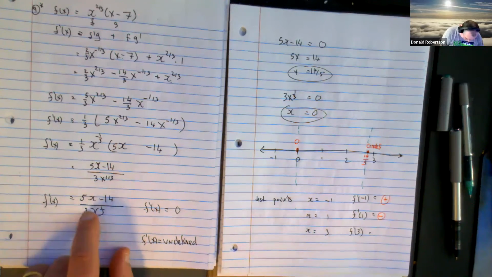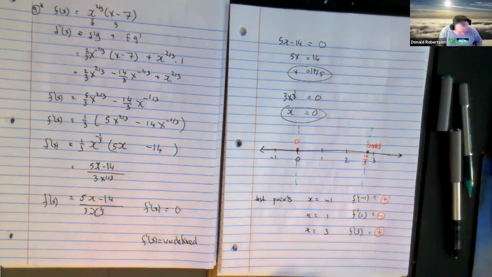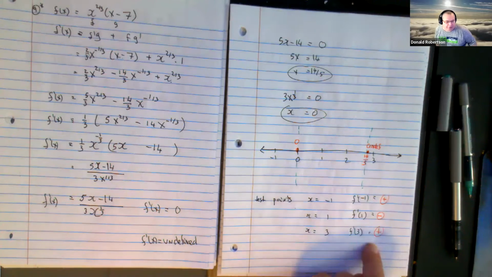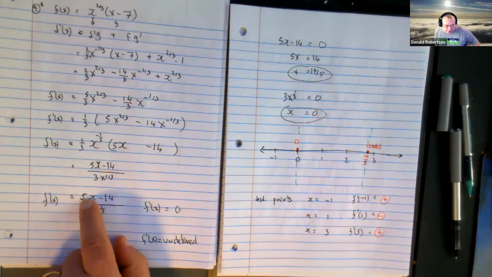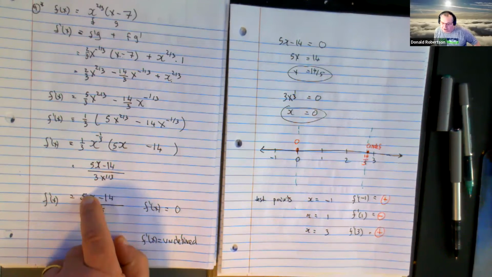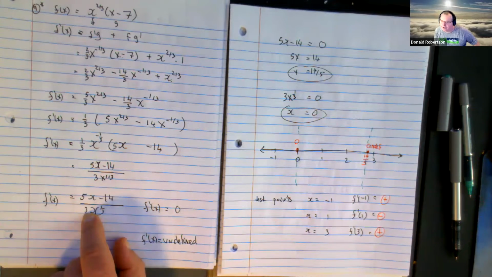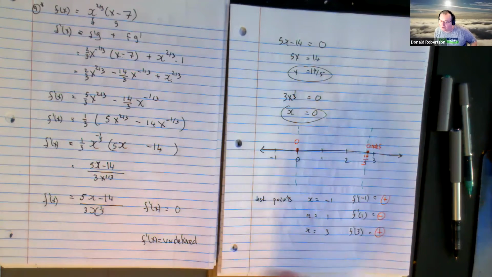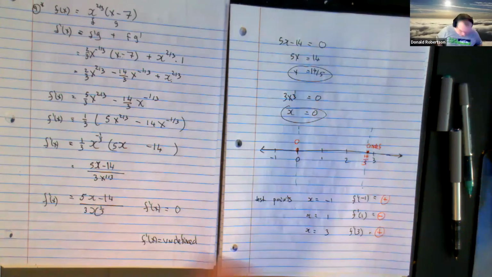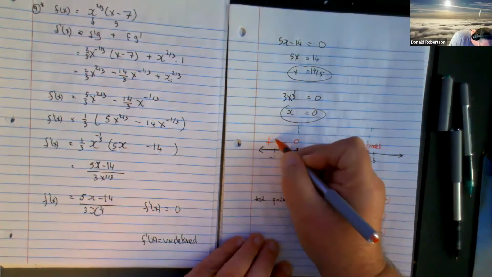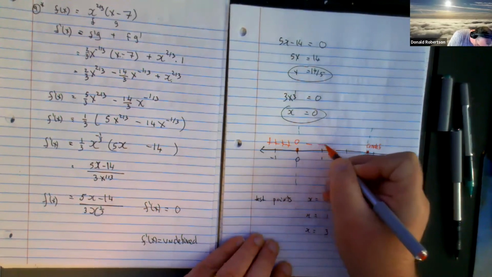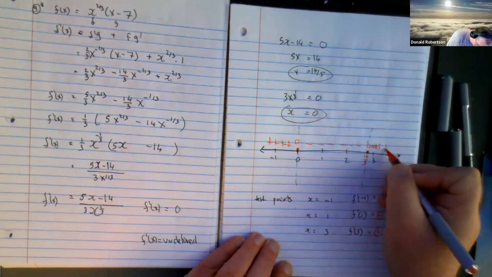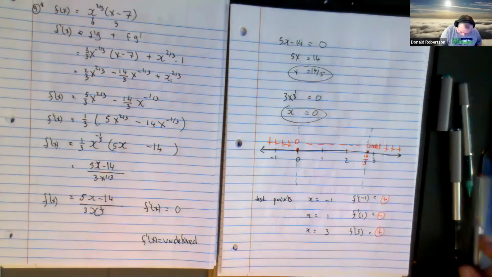That's positive, this positive, that makes that positive. You're wondering how come I'm doing it that quick. I'm just putting in the number and saying, is the answer positive or negative? Is the bottom positive or negative? I don't need to worry about what value, just that it's positive or negative. Or you can do it the long way. I don't mind.